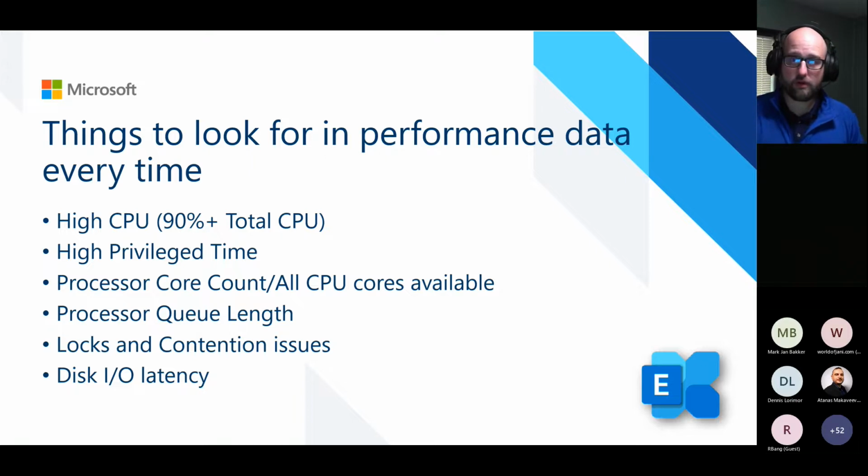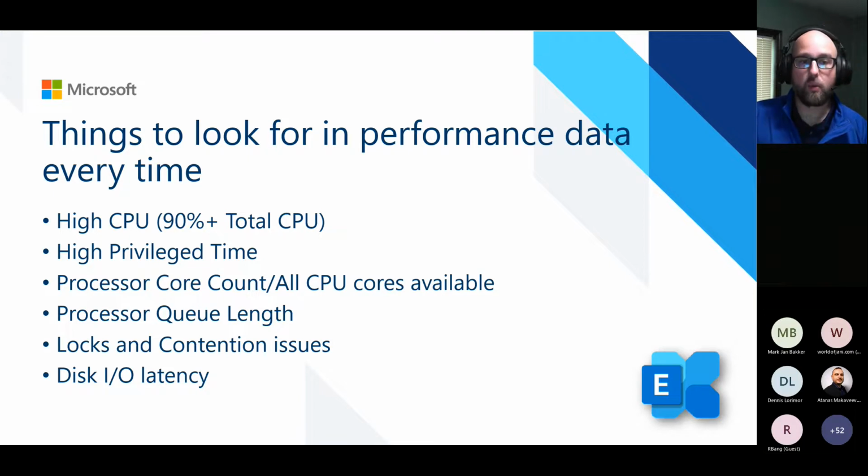However, AD latency can cause high CPU. So that's why you need to understand what is happening first. But most of the time, AD latency that you see in the performance data is being caused by the high CPU on the server because of the way the counter is written in code. It needs to crawl all the way back up that stack inside user mode, inside of Exchange, to stop the counter, essentially.